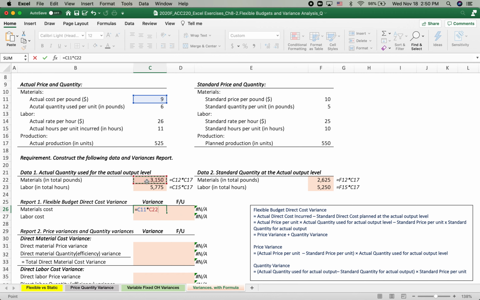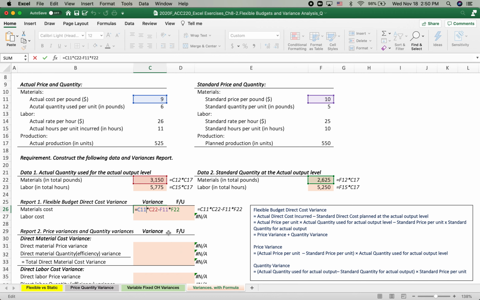So that is the material cost. The material cost should now be subtracted by the standard level. Where is the standard level? There you go. The $10 standard price per pound times what we calculated, 2,625. So the variance for the direct material cost is 2,100.